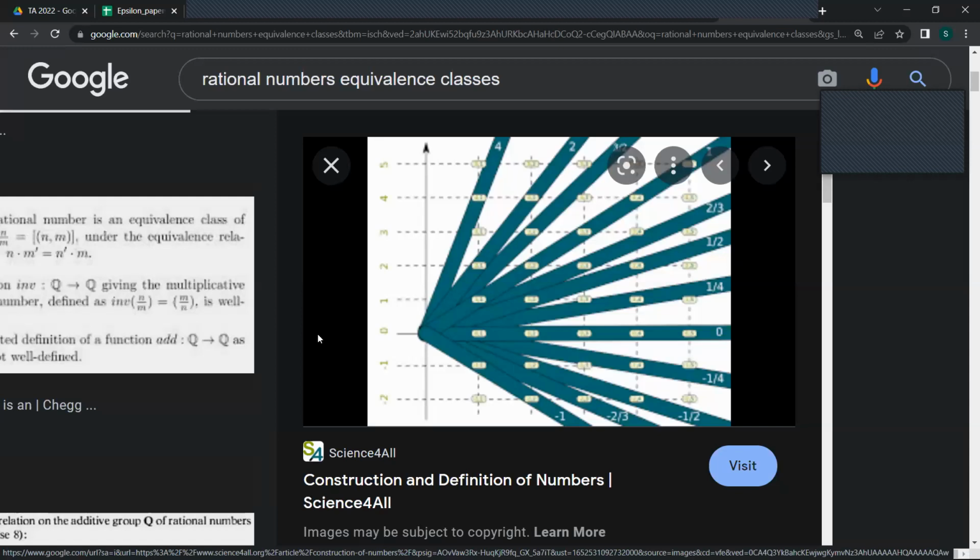These are the reduced forms. Then all the infinite number of unreduced ones are here. So now we will go back to my screen. I think you got the idea.